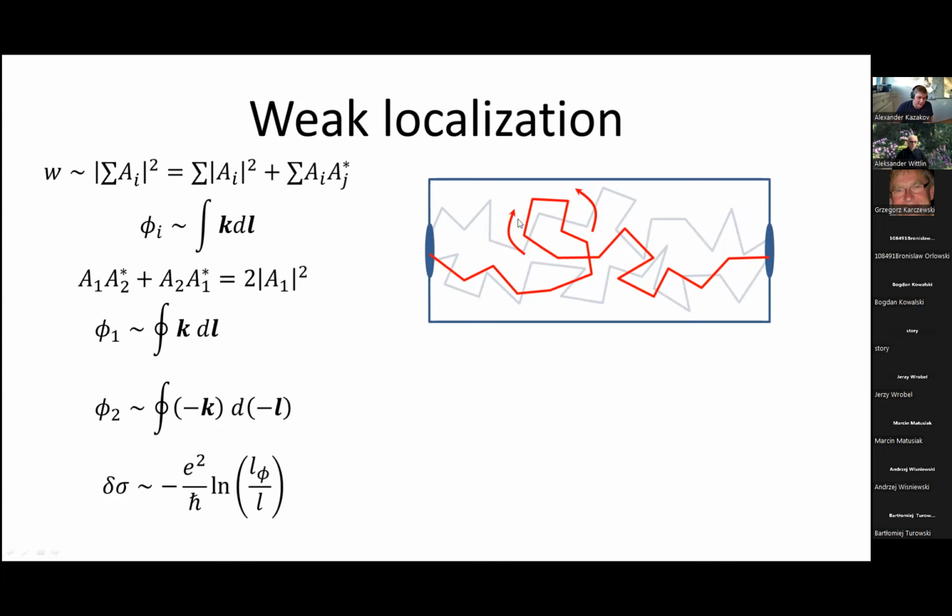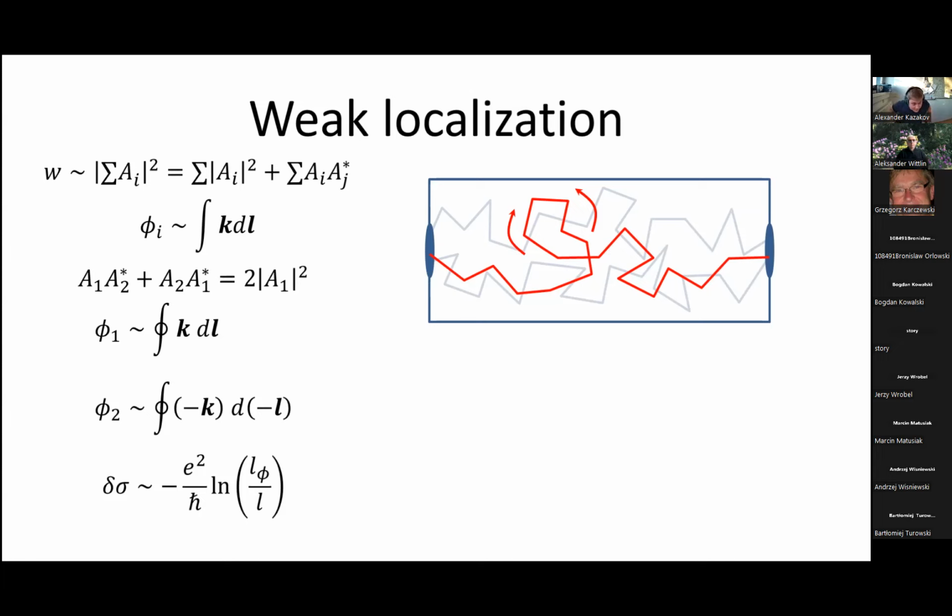If the size of the loop is relatively small, so that the phase of the carrier is conserved while going around this loop, then the electron waves of the two different directions will interfere with themselves constructively, and it means that the carrier tends to stay on such small loops. So it tends not to go further, but to stay in place.